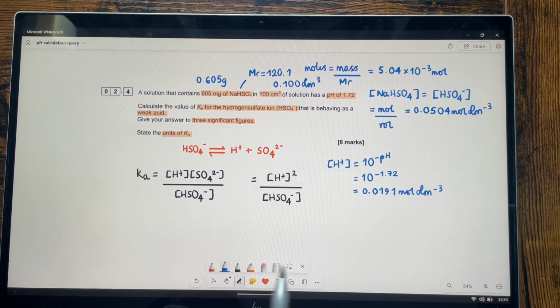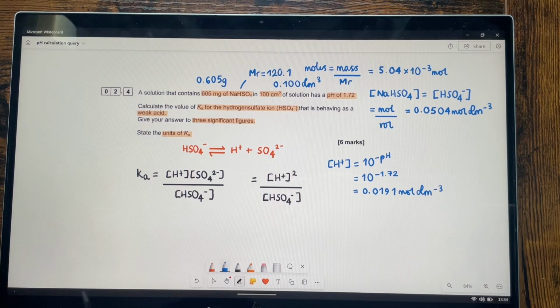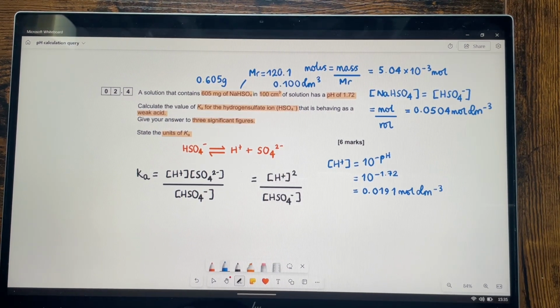Now, if you were to do this on this question, you would still be able to get 5 of the 6 marks. So if what I'm about to explain confuses more, or you just think I wouldn't know whether I should be doing that or not, please don't panic, because you will still get all but 1 mark for doing it the normal way.